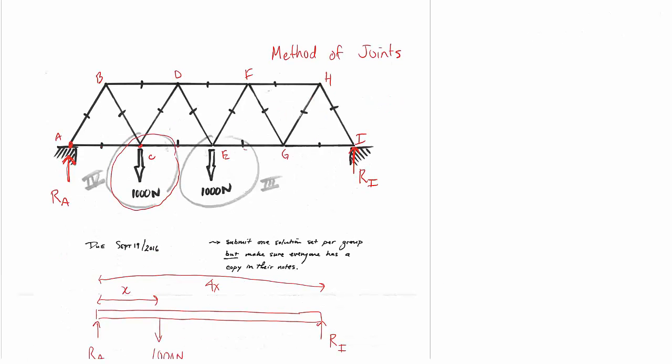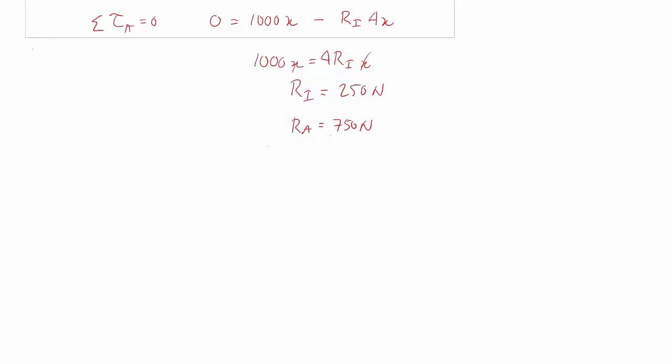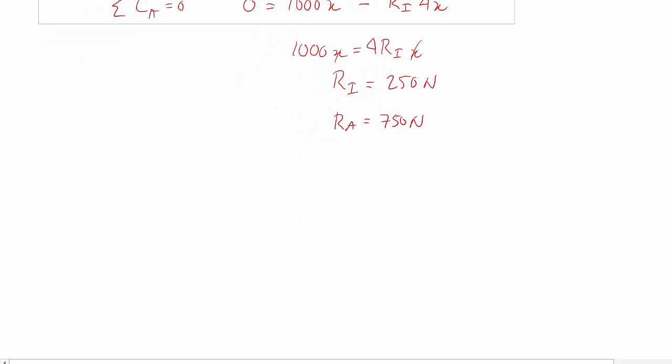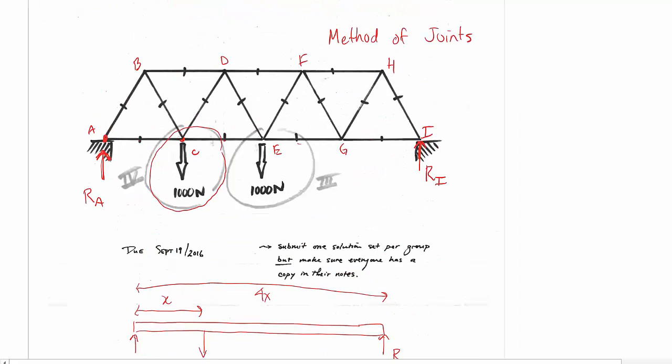So I'll start with joint A, and I'll redraw the joint here. That's what the joint looks like. It has two members. There's this force, which is FAB. That's a good way to name it. And then the force going along here would be FAC. That's why it's nice to letter each joint.